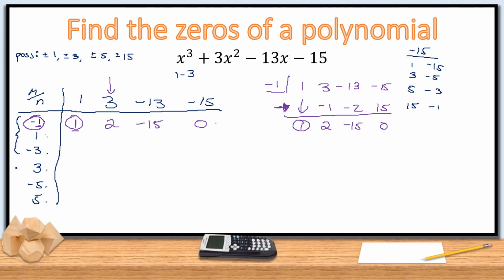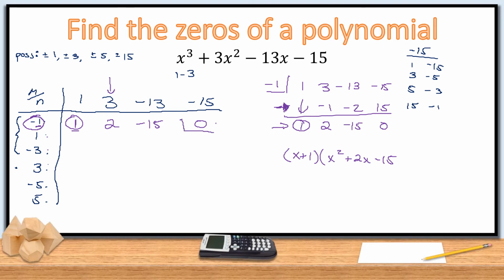We can continue to test. So you could test every one of the possible zeros until you find the 3 that actually do work, or you only find 1, and that means that there's going to be 2 complex roots. The other thing we can now do, though, we know that if x equals negative 1 is an answer, that means x plus 1 is a factor, and the other factor then is the quotient, which is x squared plus 2x minus 15, and that's coming from our quotient value, or the numbers that were remaining.